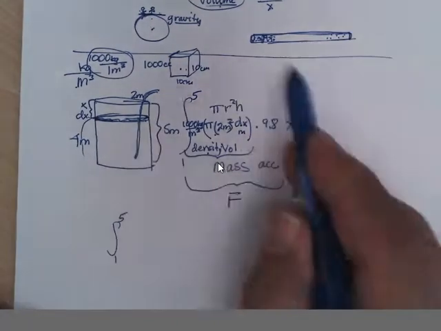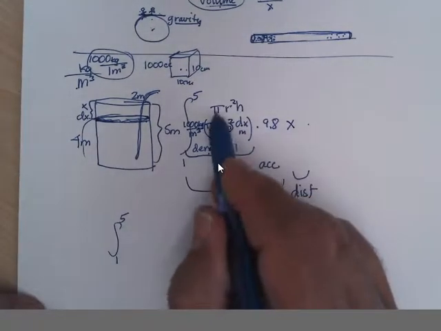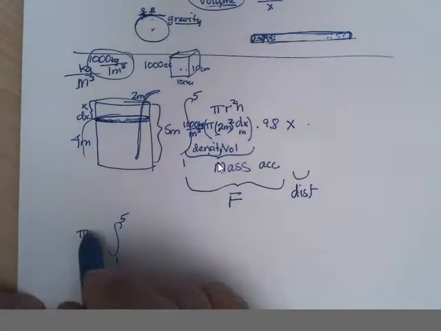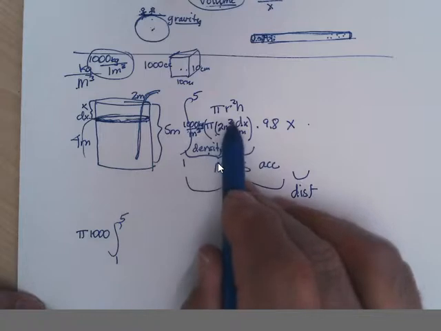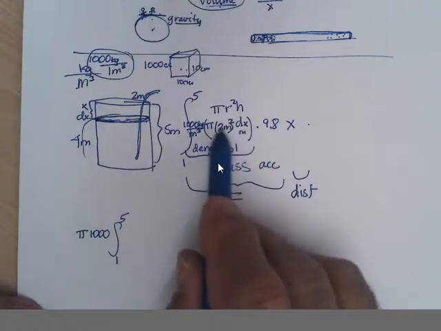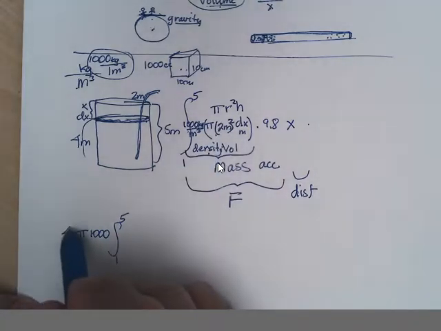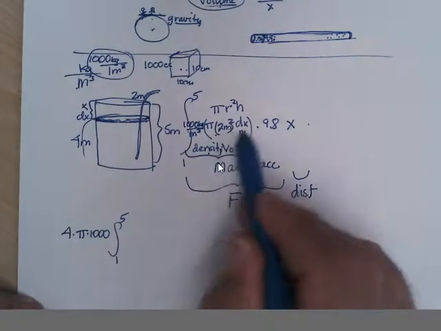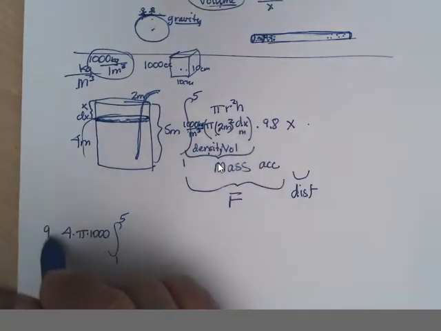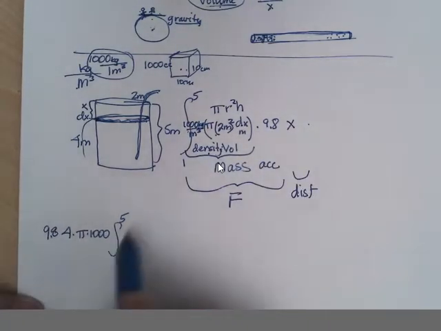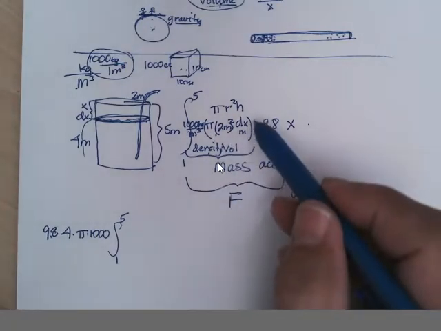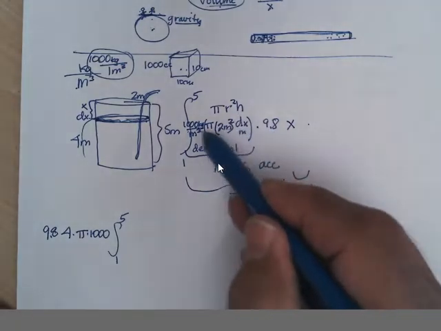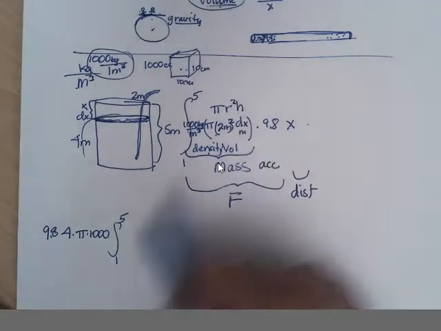But we're going from 1 to 5, and it's pi, which comes out, density, which comes out, and 2 meters squared, a constant, so that's 4 comes out, and the 9.8 due to gravity is a constant, so that comes out, and the only thing left in here is the x dx.